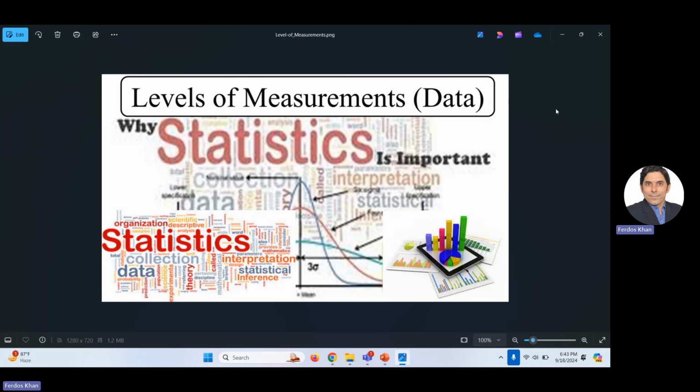And of course, with each level you can perform different operations. With the highest you can do a lot of operations and calculations, and with the lowest you can do very limited calculation, like only frequency calculation and frequency comparison. So this is all about level of measurement of data.